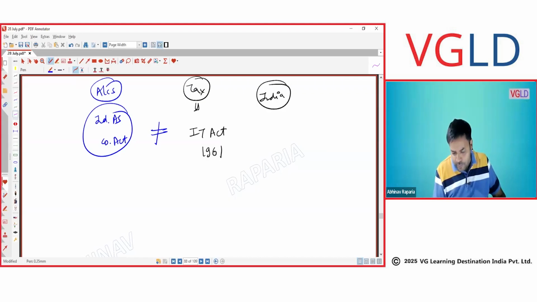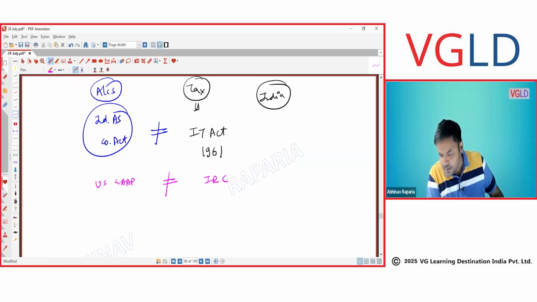For accounts, we follow US GAAP. For tax, we follow the IRC, Internal Revenue Code. They are not the same. There are going to be a lot of differences. Is it clear? Please ask whatever queries, because I don't know what you understand and what you don't understand. So keep asking your queries, whatever is coming to your head. Okay?